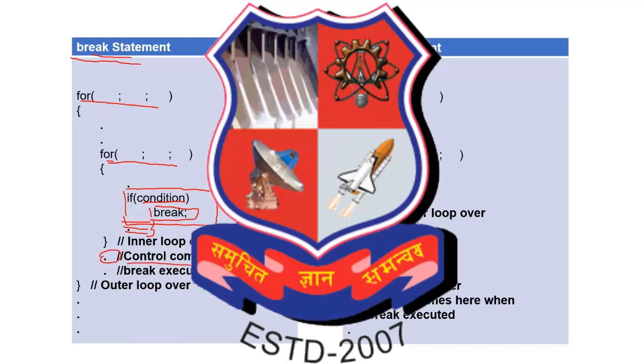But if we write the if statement inside the outer loop but outside the inner loop, over here, and the break statement is executed, then the statements after this if statement are skipped and control is given outside the outer loop, over here.